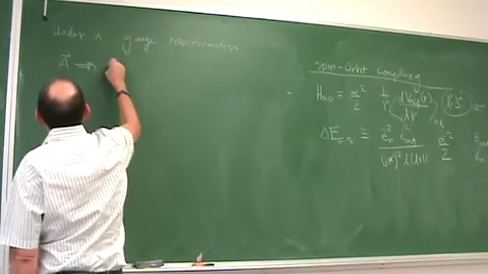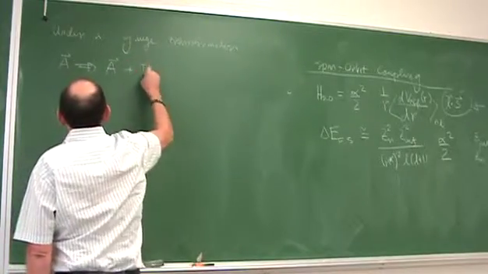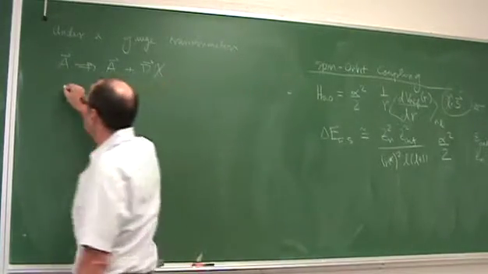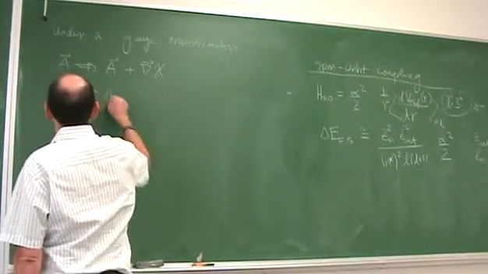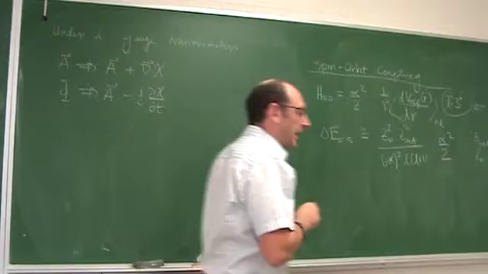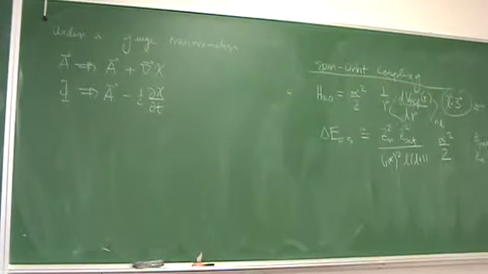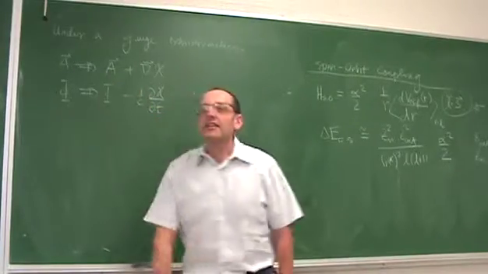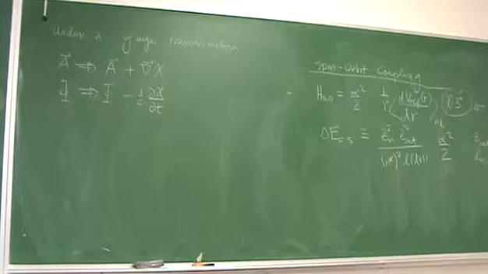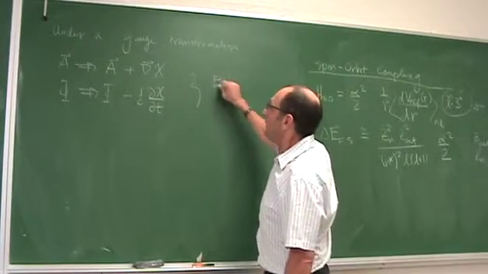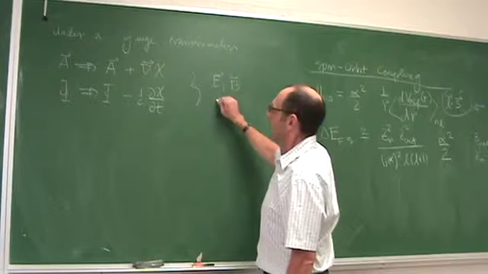And I can change my definition of the vector potential and my definition of the scalar potential. Notice in CGS units, A and phi have the same units. If I make such a transformation for an arbitrary gauge function chi, I do not change the physical forces. E and B are the same.